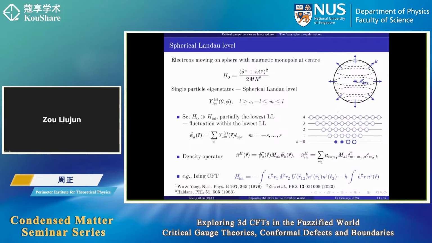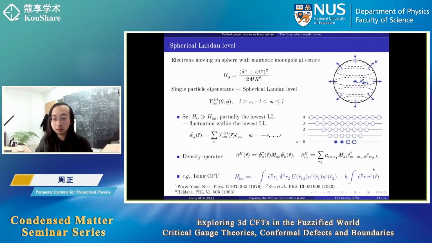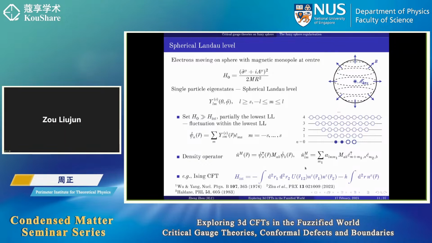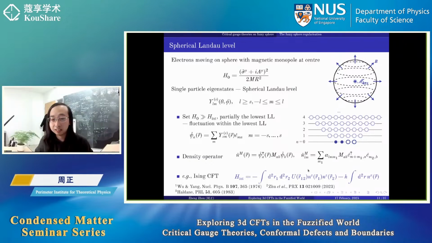Meaning they are the same? So far we cannot answer this question quite well. But can I know why? Because the model looks the same? Yeah, the model looks the same.